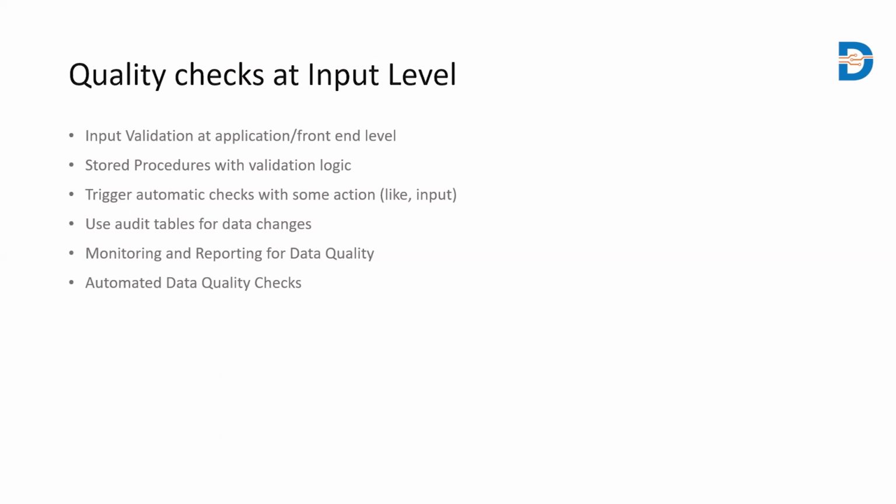Automated scripts or ETL, extract, transform, and load processes, can be scheduled to validate data quality at regular intervals. We have a lot of tools such as Apache NiFi or Informatica. These tools integrate with SQL databases to automate these checks.